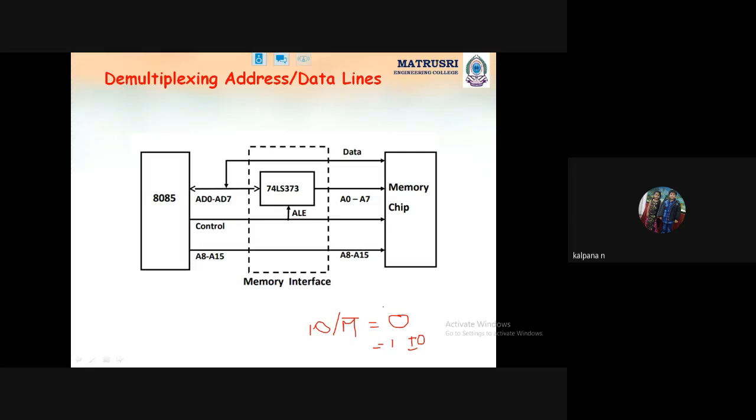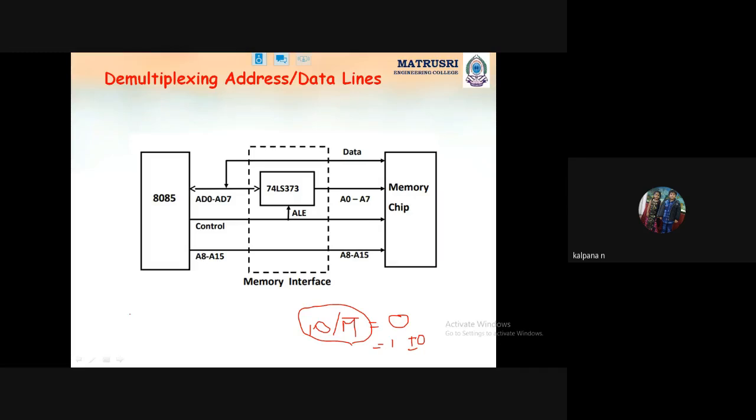But in order to interface memory, this pin should be 0. Why 0? Because there is a bar above it. Now if this pin is equal to 1, then input output will be interfaced with the 8085.